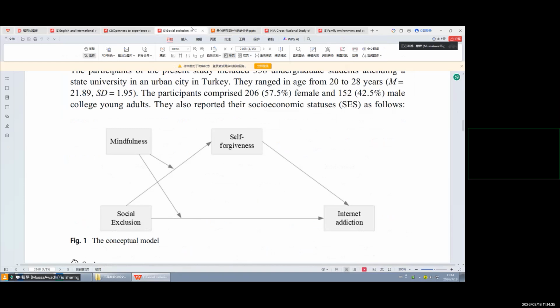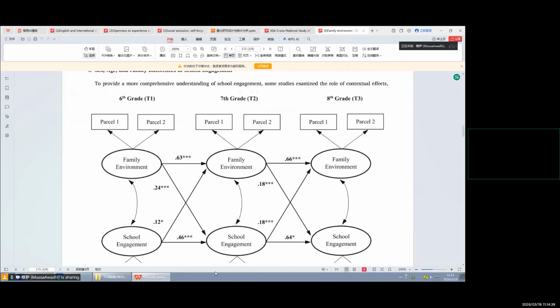What can better interpret the causal relationship? Longitudinal. You can see at the 3 time points, we collect data, same variables, right? Family environment and school engagement at the first, second, and third time points. Big variables, right?